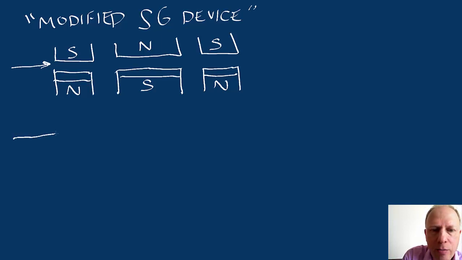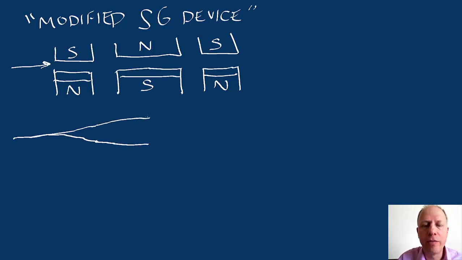And we'll send the beam of atoms in like this, and zooming in, exaggerating the effect, the first magnet will tend to split the spin up and spin down particles. The first half of the second magnet will tend to remove the vertical motion because it produces a force in the opposite direction to the first magnet.